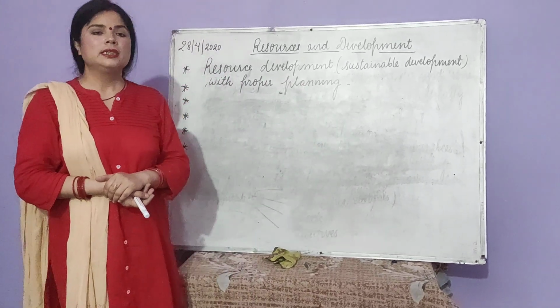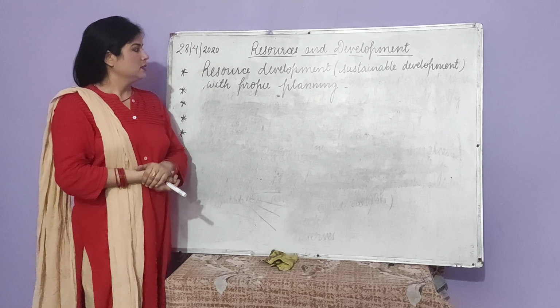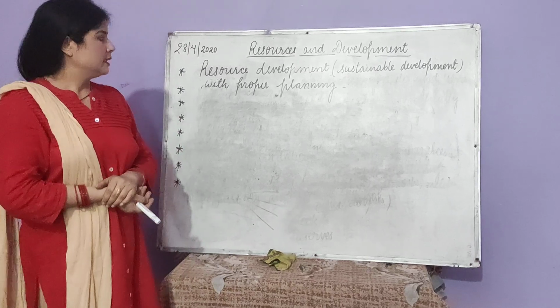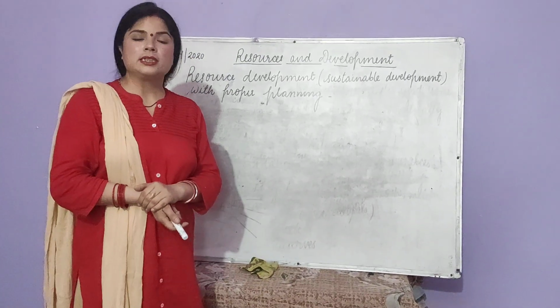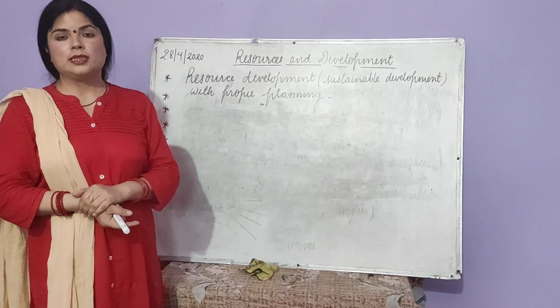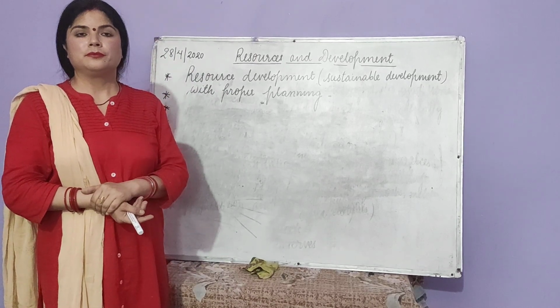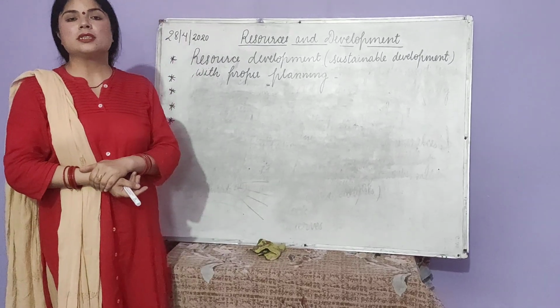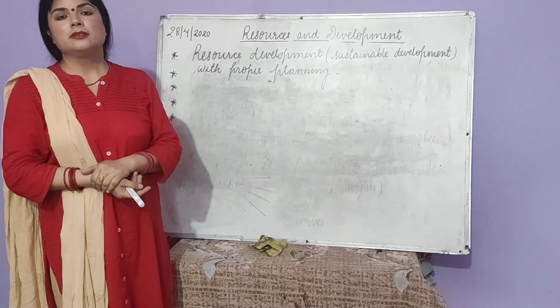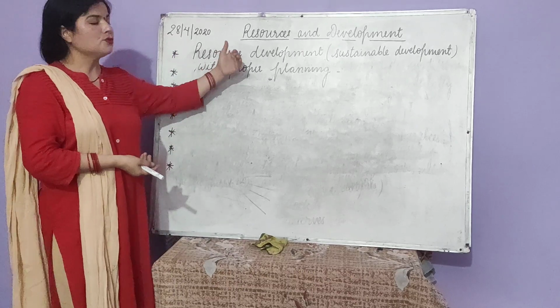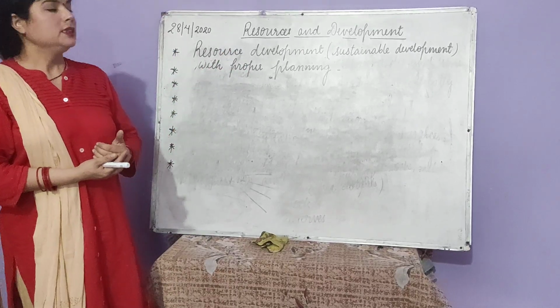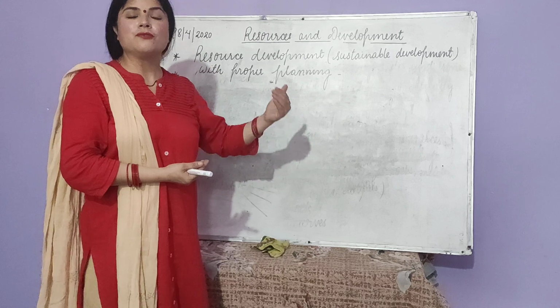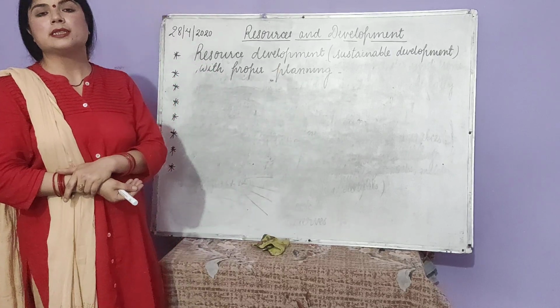Really, students, it's thinkable that we are not using these resources properly. We are not taking care of these resources properly. Continuous use of these resources leads to the problem of depletion of resources.